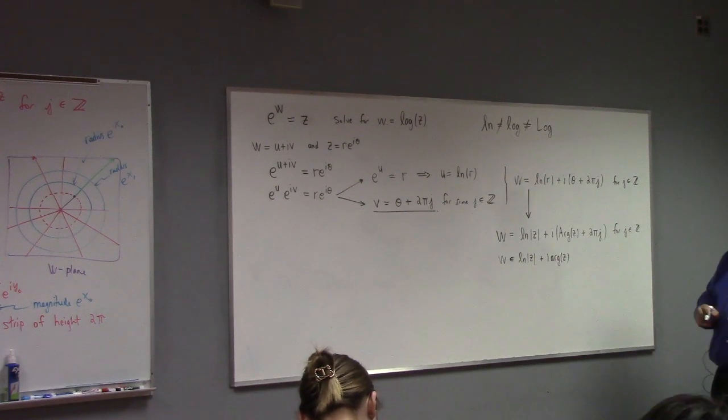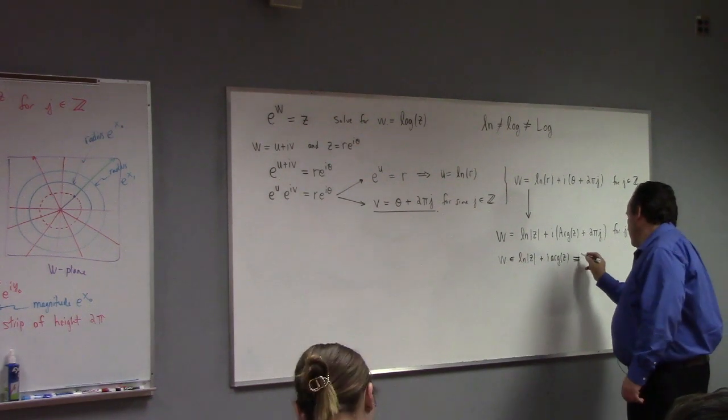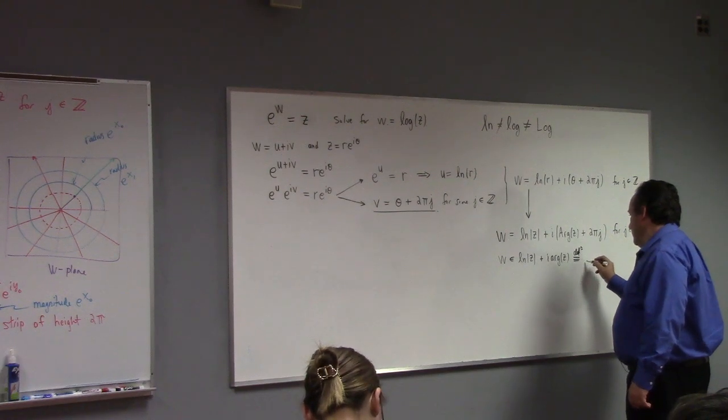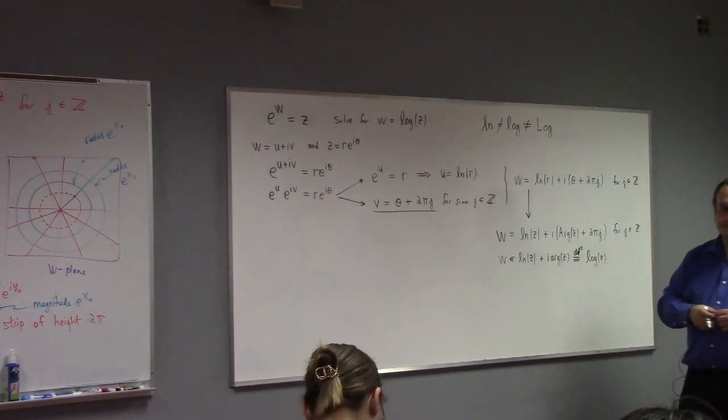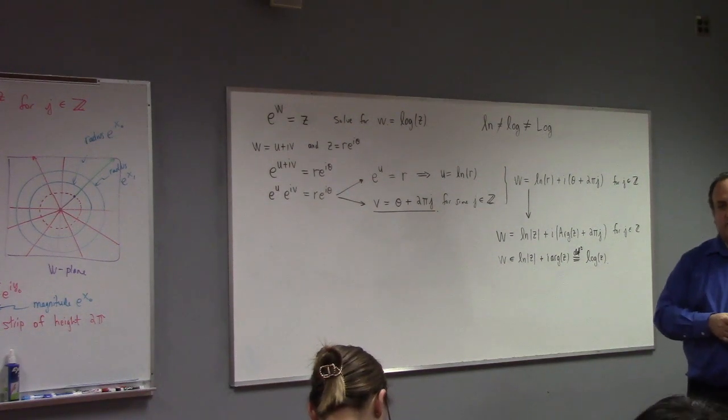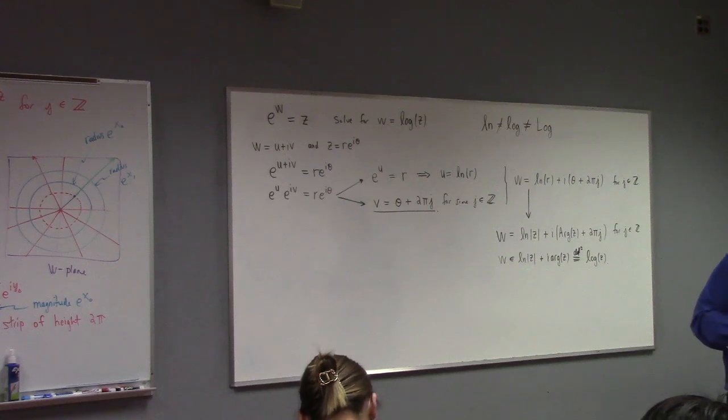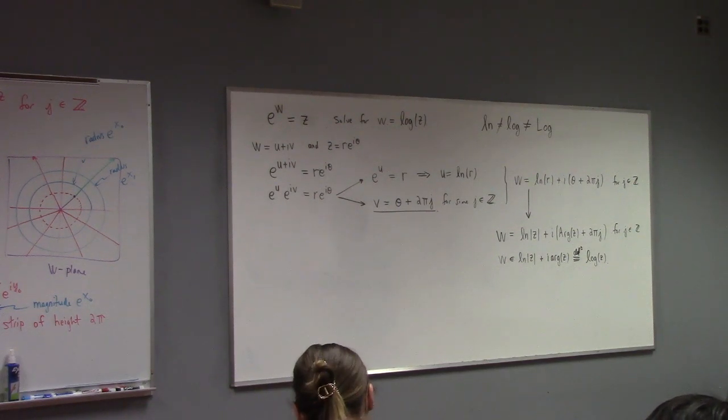Okay. This is log z. Log z is a set of values. All right? And it does give us the complete solution set to the equation e to the w equal to z.